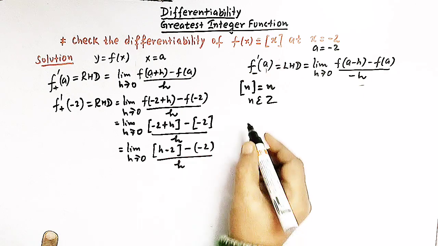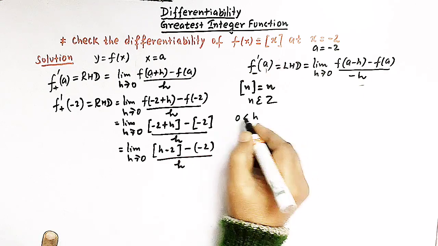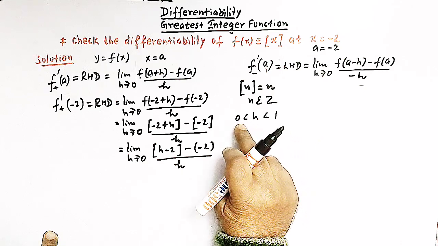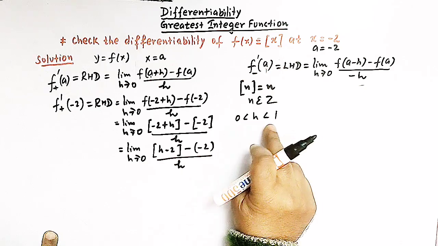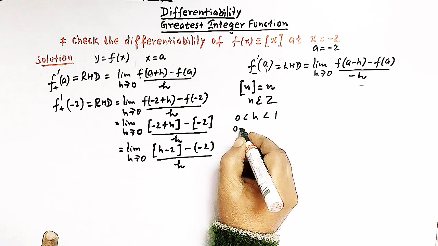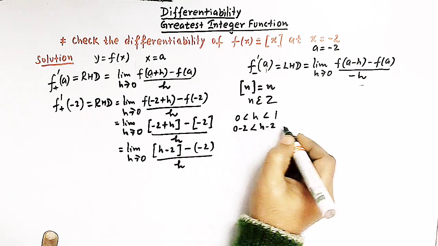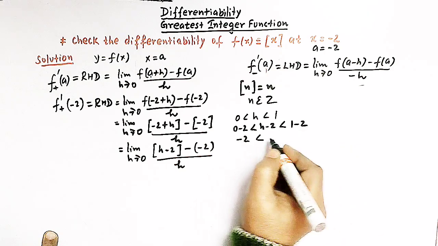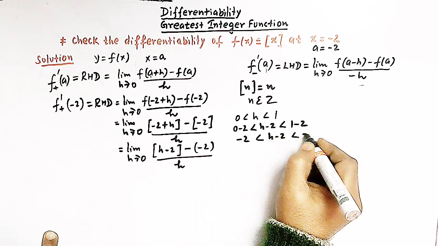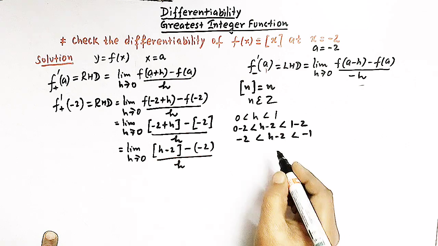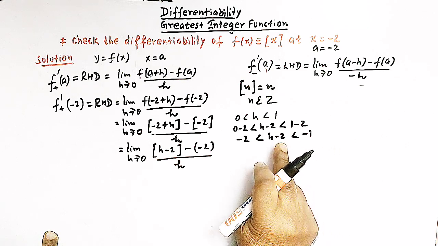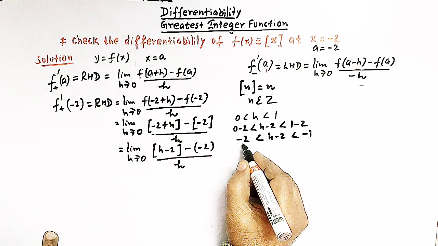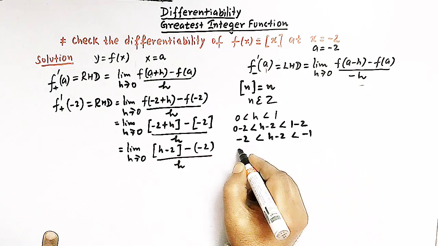See, h lies between 0 and 1, so let us subtract 2 throughout this inequality. We have 0 minus 2, h minus 2, and 1 minus 2, which is minus 2, h minus 2 and minus 1. From this inequality we conclude that h minus 2 lies between minus 2 and minus 1.